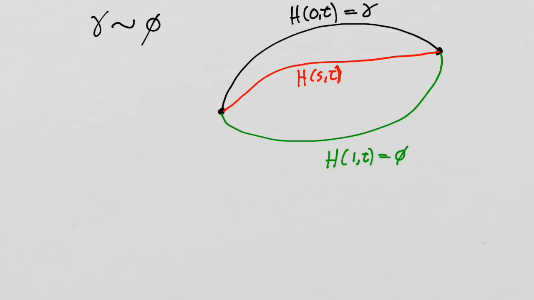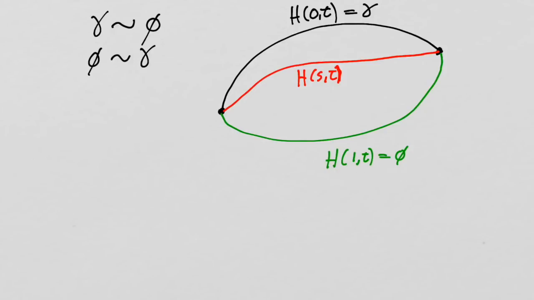So gamma is homotopic to phi. Now, because gamma is homotopic to phi, it's very important to realize that phi is homotopic to gamma. Now, this seems obvious, but because we have a homotopy from gamma to phi, you have to show, are we sure that there's a homotopy from phi to gamma?